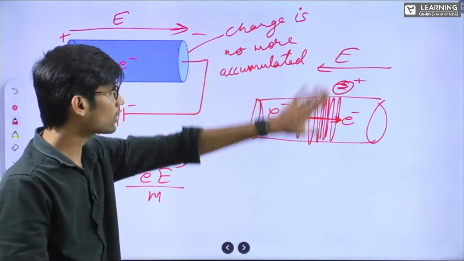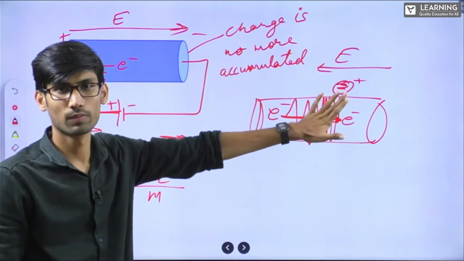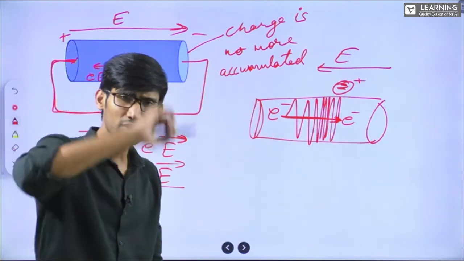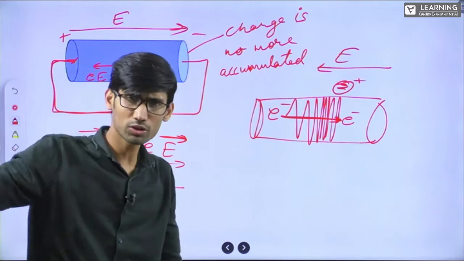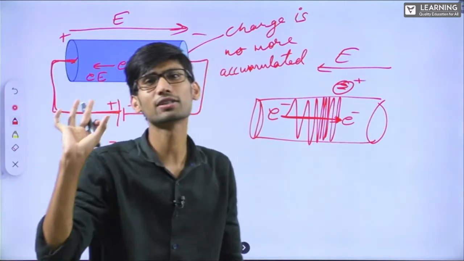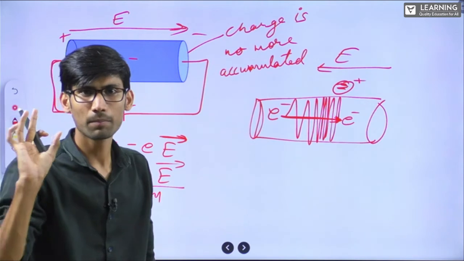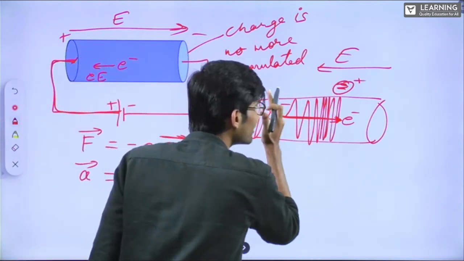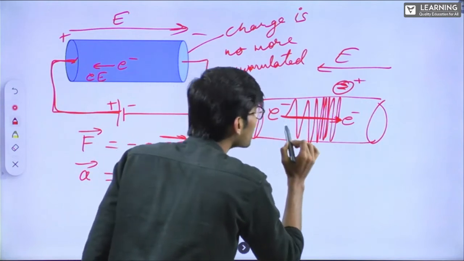Alright, this is not only one electron that I am talking about. I am talking about all the electrons inside this conductor. They are doing zigzag motion in every direction. Fine, but overall, opposite to the electric field, they will move only a bit. They are just drifting.